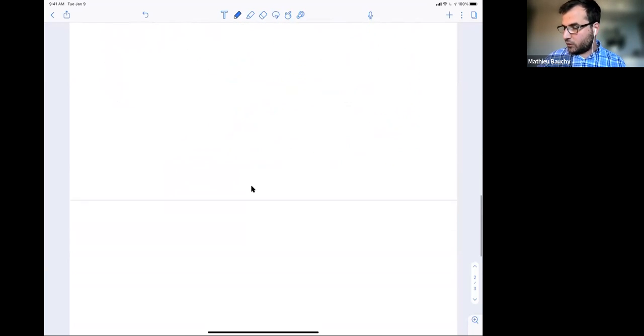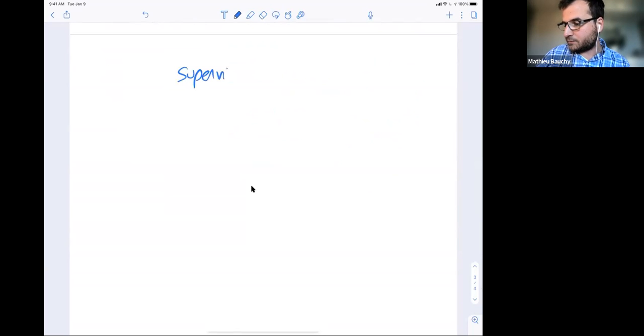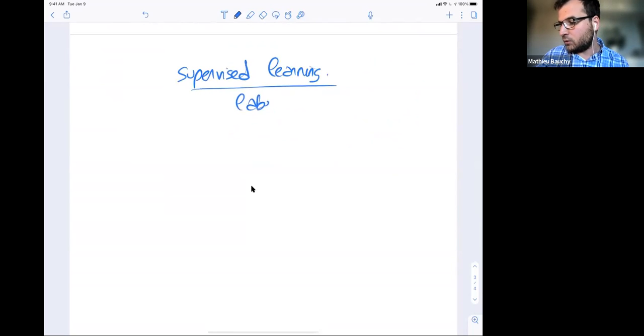Now let's consider a supervised learning problem. It would be pretty similar to the one we just discussed, but this time it's supervised. It means that we know some label about those glasses. So let's take an example again.